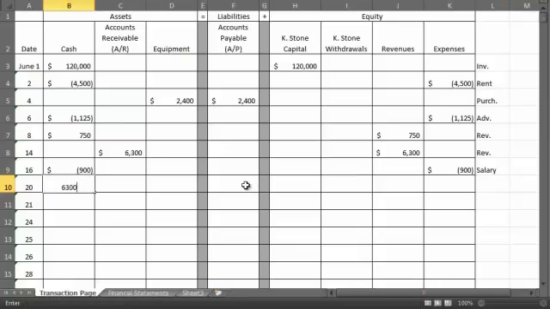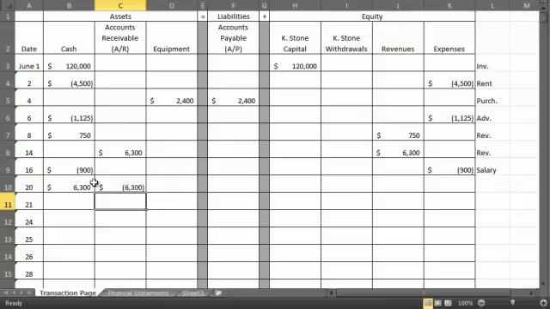Well, we know that cash will increase by the $6,300 that they paid us, but we also know that accounts receivable will decrease by the $6,300. Now, if we were posting this to a ledger account, we definitely want to make sure that we show this, because if we don't reduce the customer's accounts receivable account, we're liable to send them a bill for this amount, and it may not make them happy, especially since they've already paid us.